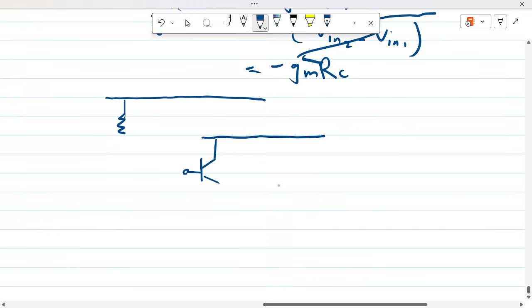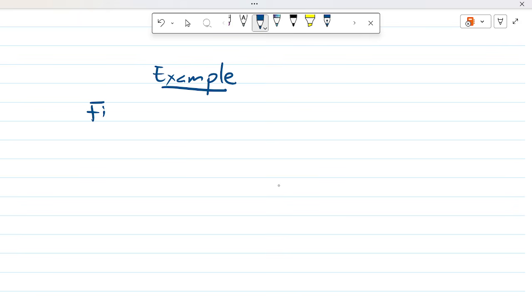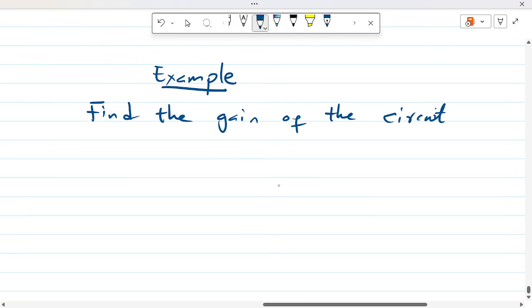Alright, so assuming I have something like this, so this is an example. Find the gain of the circuit. Okay, so I should have said find the differential gain of the differential amplifier, which is still the circuit.